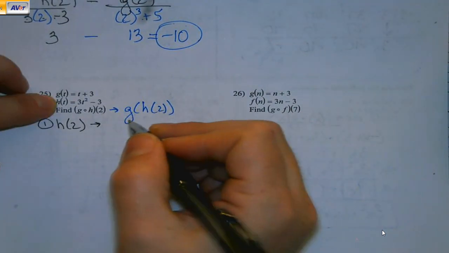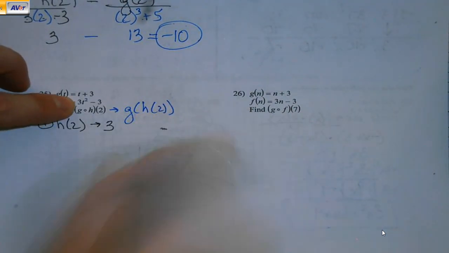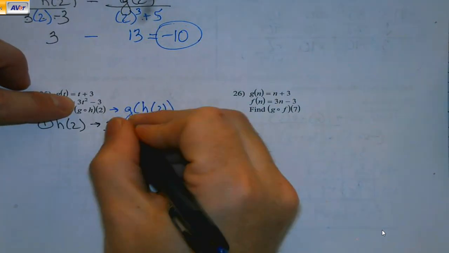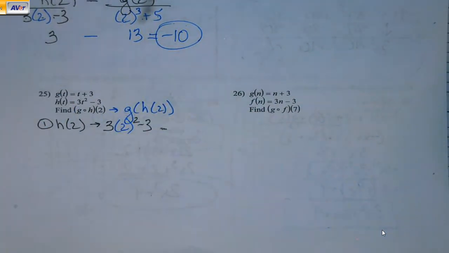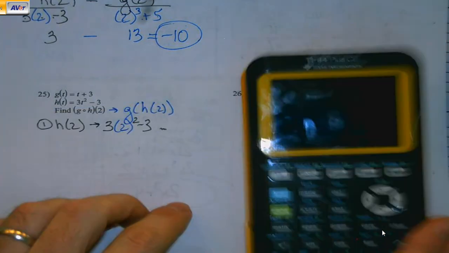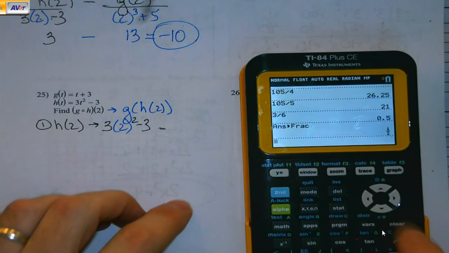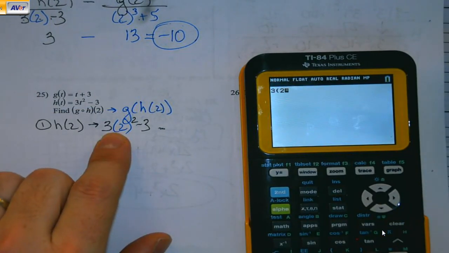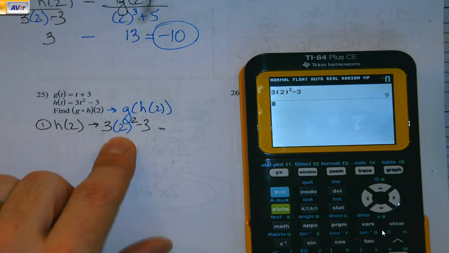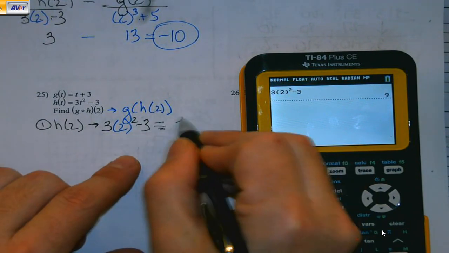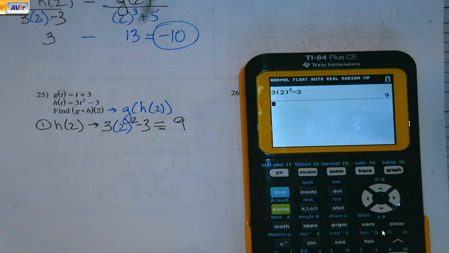So here's my h. I get to the variable, I replace it with the number. Maybe I decide I'm going to put this into my calculator to make sure I don't mess this up, because I'd have to remember exponents before multiply. Don't get sloppy. Okay, I get that answer. So now what?